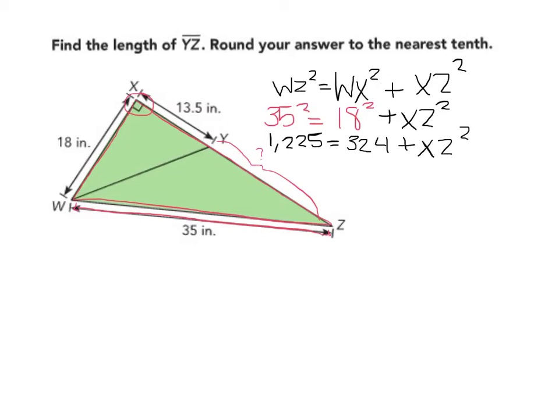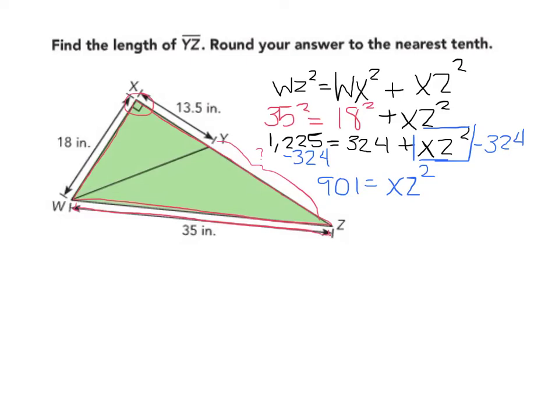Okay. Now, I'm trying to get XZ here by itself. This whole piece I'm trying to get by itself. So I'm going to have to subtract 324 from both sides. So 1,225 minus 324 equals 901. And then on this side I just have the XZ squared.